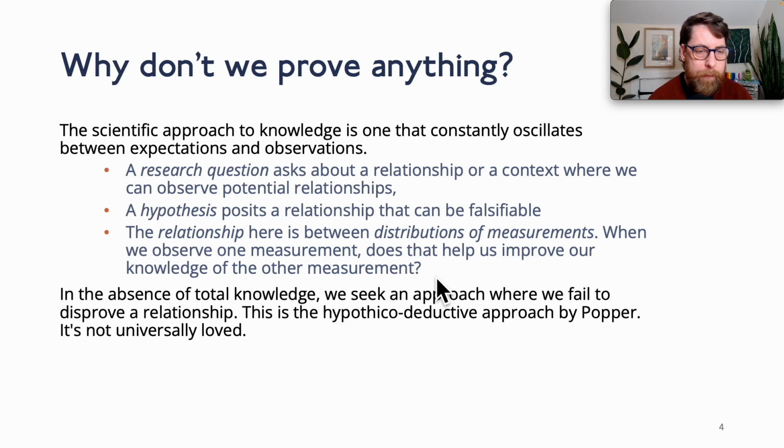That's partially because of the absence of total knowledge. We cannot fully know all of the circumstances that led to any particular event or relationship between two variables. And so in that sense, we do not want to assume that we are absolutely proving something.